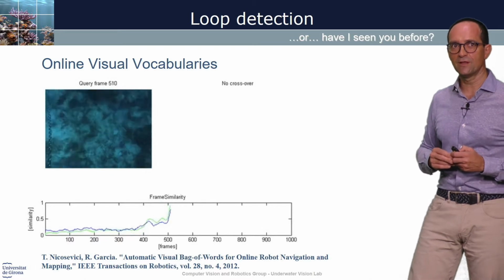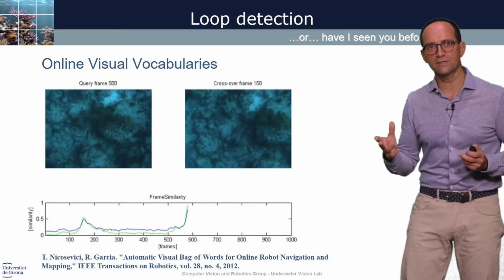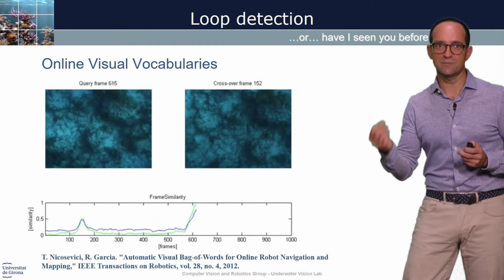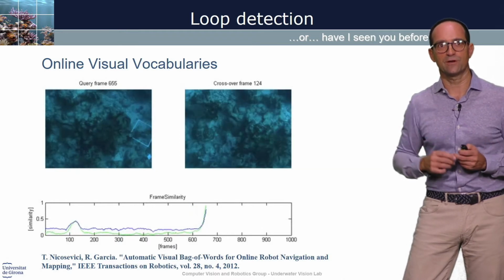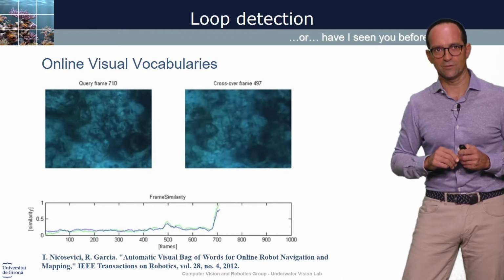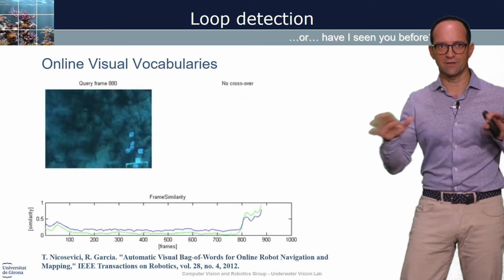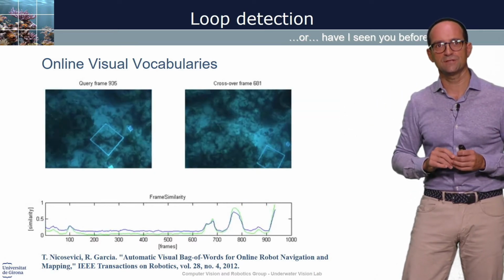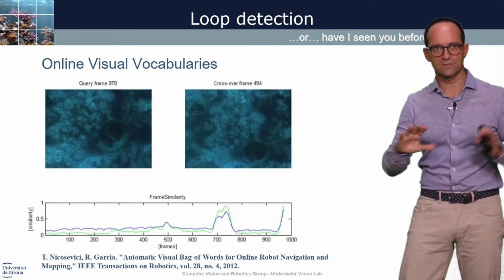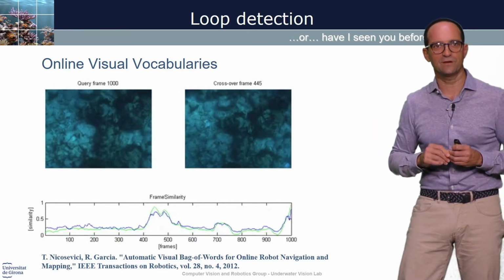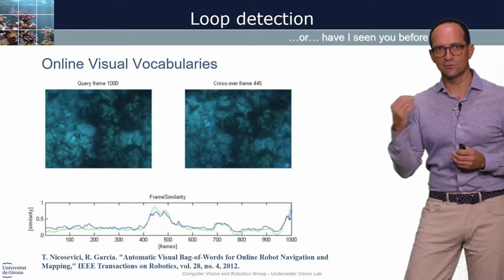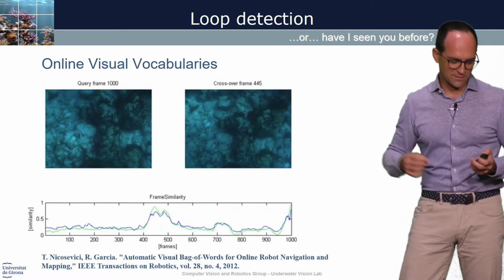And this is an example of, you see on the left the current image, and on the right the image that is being matched based on the current vocabulary that we have learned. And in this way, we are able to match images even if they are in different orientations, because we're using words that are rotation invariant, and then this allows us to close these loops and re-estimate the trajectory of the robot.